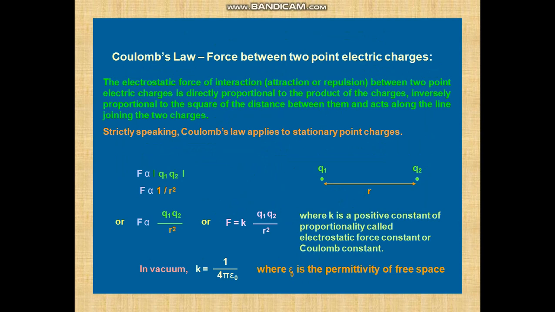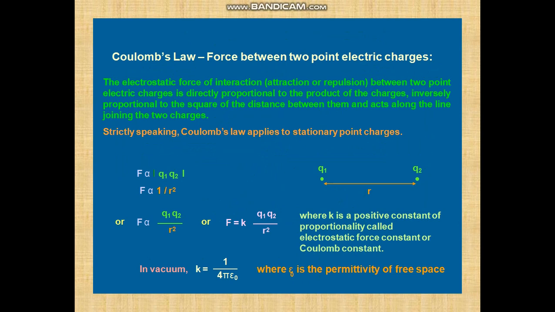According to Coulomb's law, when 2-point charges are kept at a distance r apart, the force of interaction between the 2-point charges is always directly proportional to the magnitude of the product of the two charges and inversely proportional to the square of the distance between them.